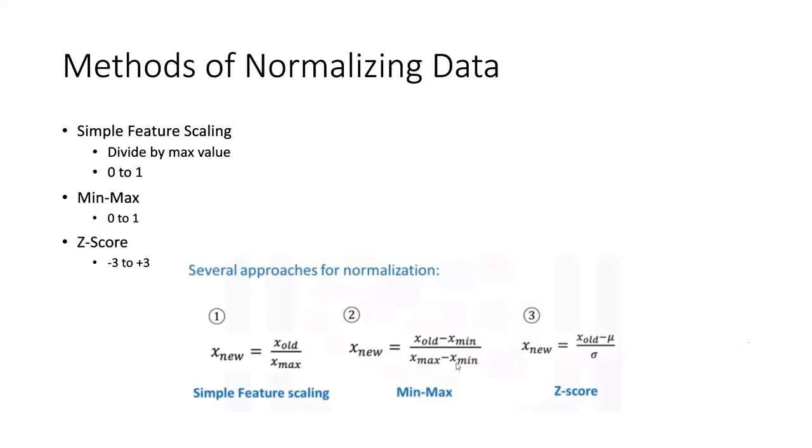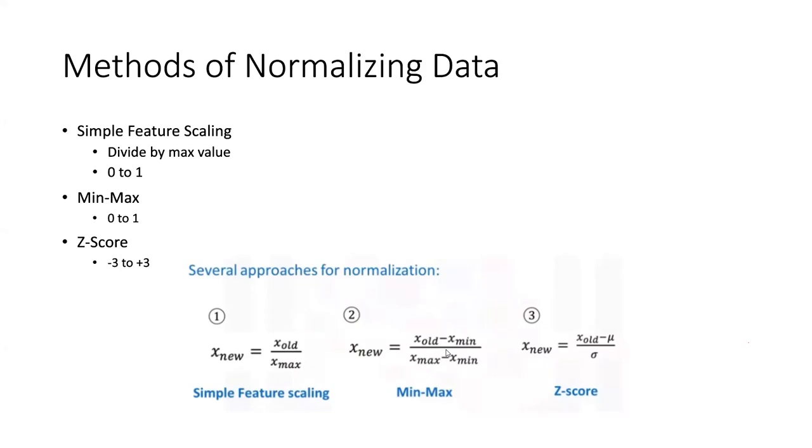But if you do min-max scaling, it also gets the result, but it considers the center value and tries to divide based on that. Sometimes it also gives a range of -0.5 to +0.5. So that way you can do min-max scaling.